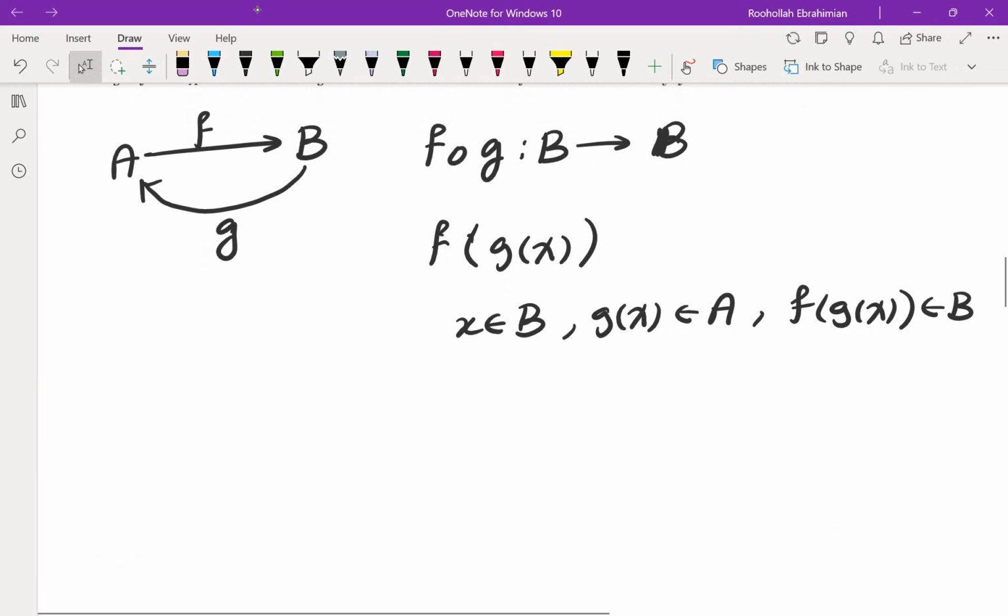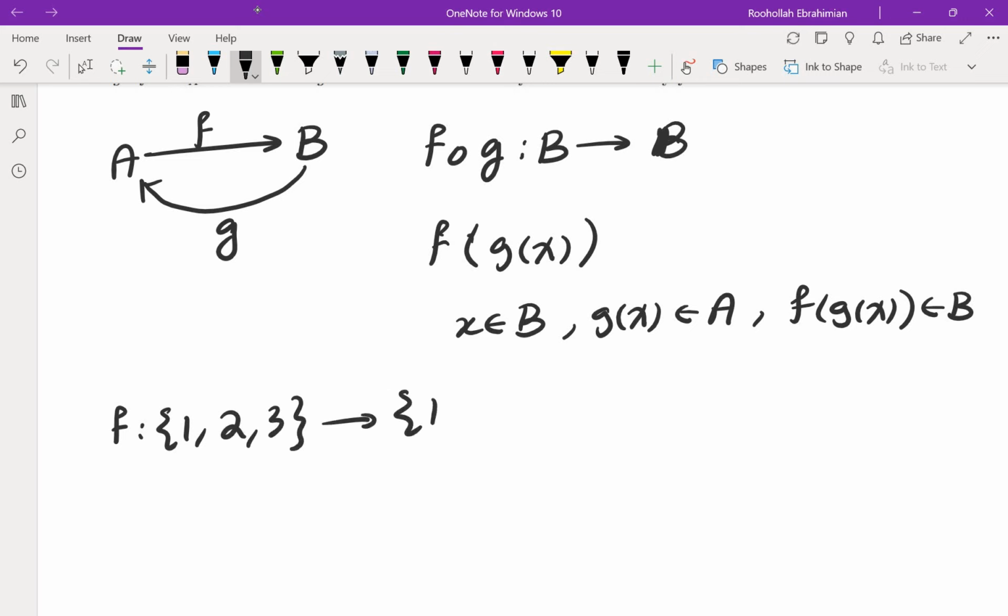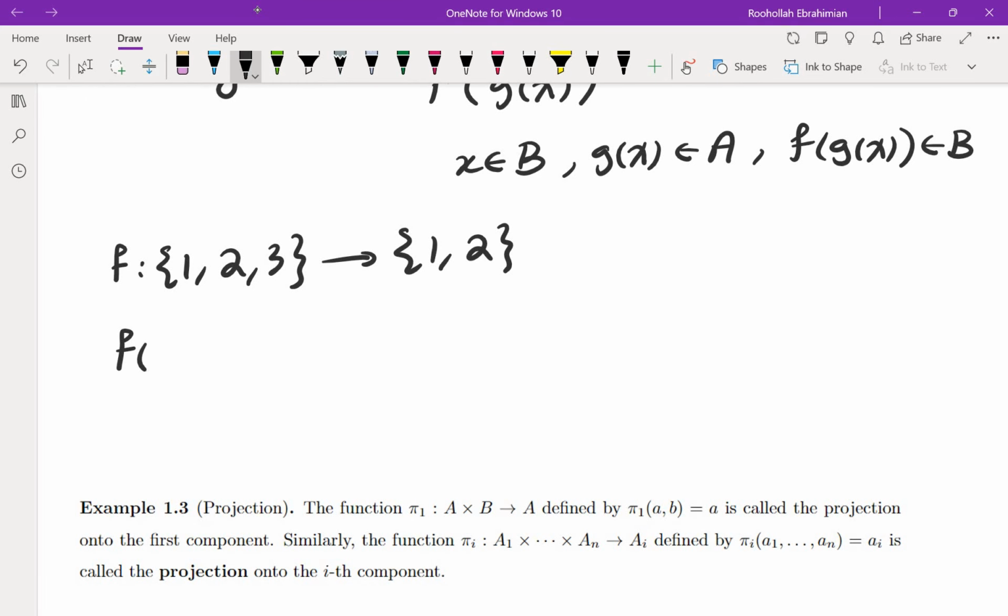Now, if one of them is true, the other one doesn't have to be true. So here is an example. Let's look at this function f from {1, 2, 3} to {1, 2}. I'm going to define it as f of 1 equals 1, f of 2 equals 1, f of 3 equals 2.